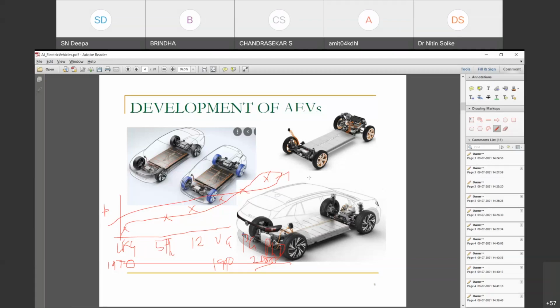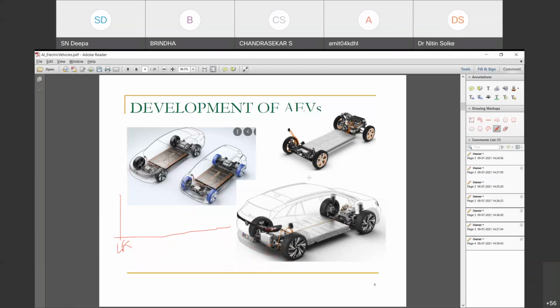So hence your differentiation and integration. Why, in your equations, when you were studying polynomials and algebraic equations, did they suddenly bring dx by dt or integral dt? Because of time. So any system in the world. When did electric vehicles start?